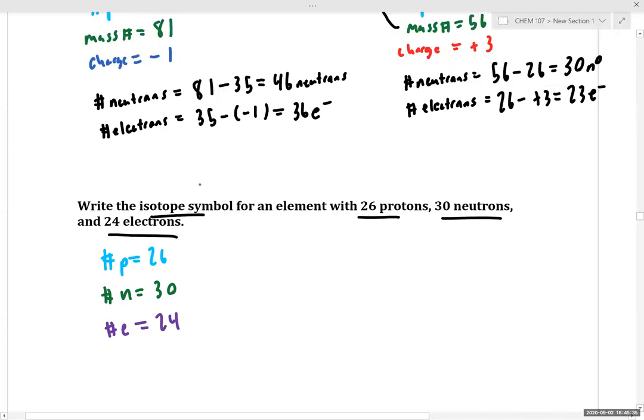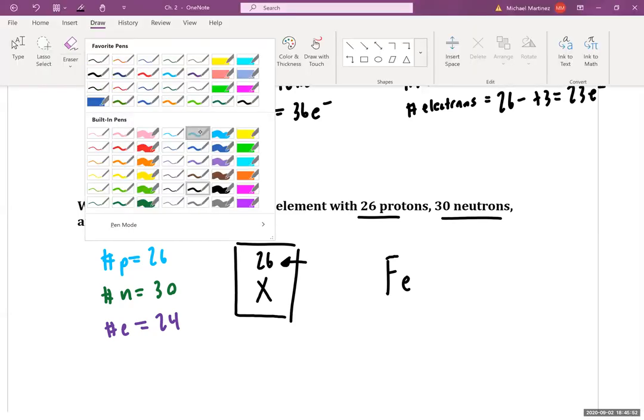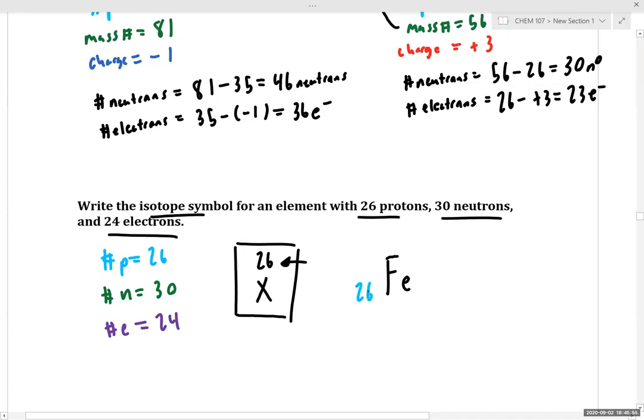In writing the symbol, first let's figure out what element we're dealing with. What element has an atomic number of 26? Iron. So we write our symbol, and we can also write our atomic number, though that is slightly redundant.